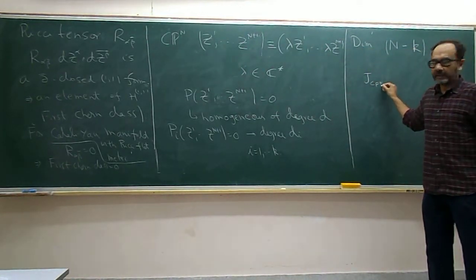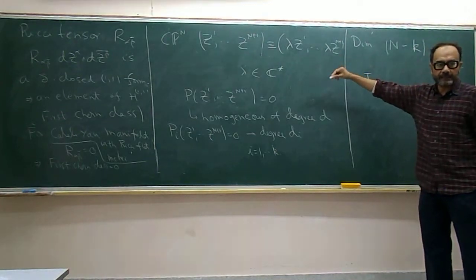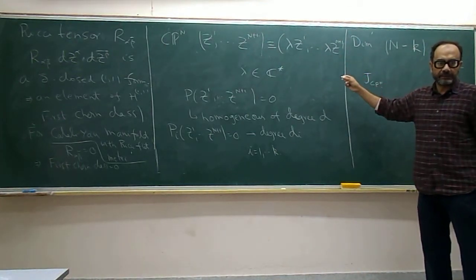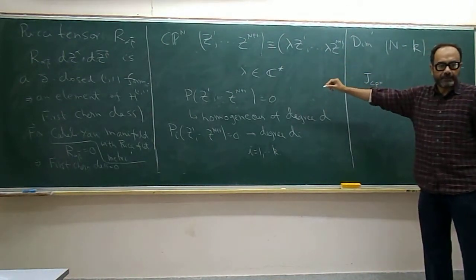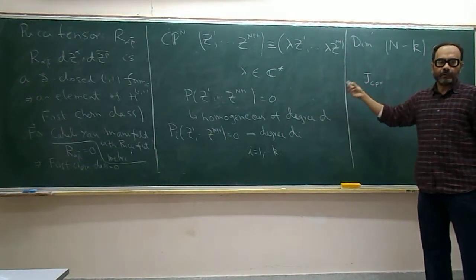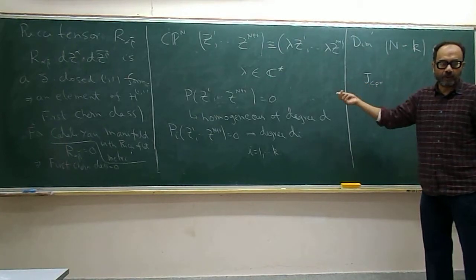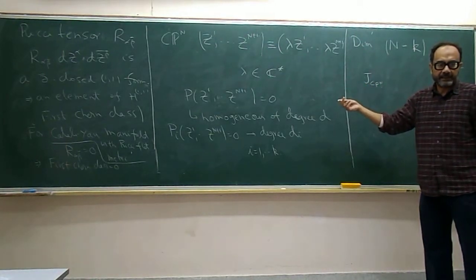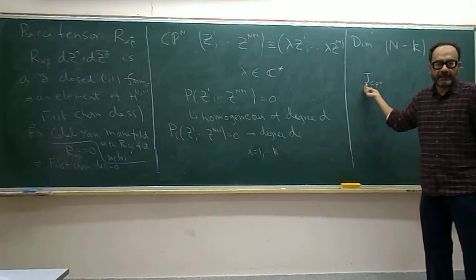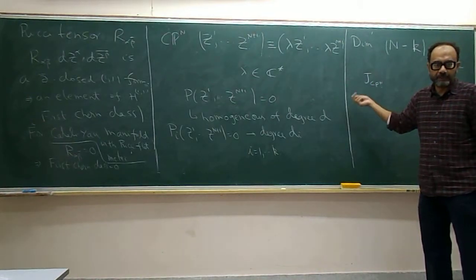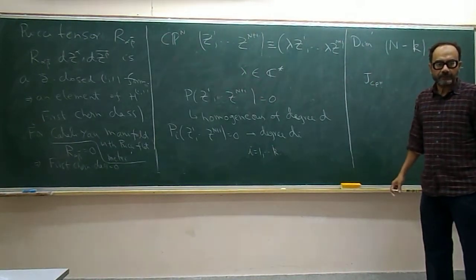You can pull back J on these subspaces, and then you have to make sure that it's Del bar closed, which you can show explicitly because these are holomorphic equations that are restricting. If to begin with J is Del bar closed, then once you pull it back, it also remains Del bar closed.